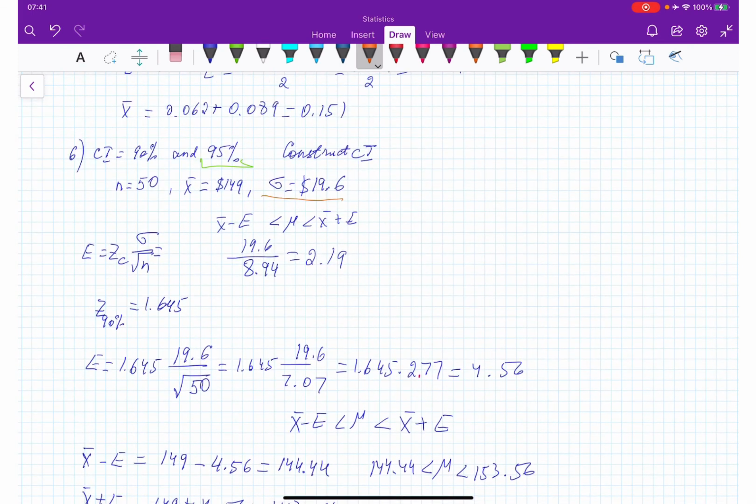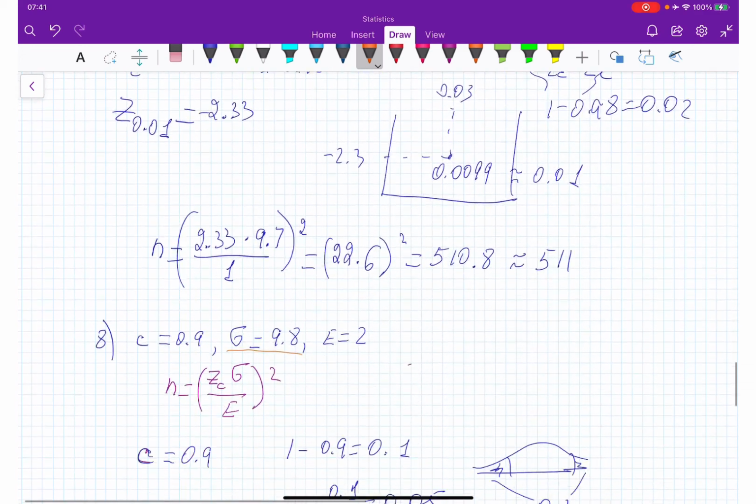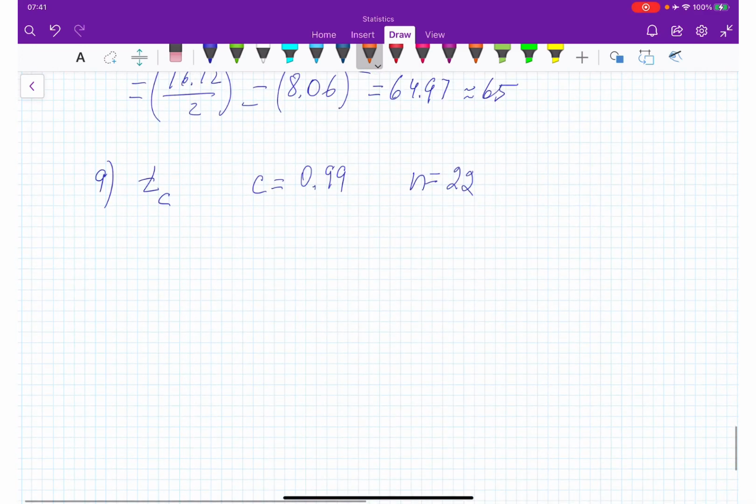But in the second case, standard deviation for the population is not given, and it doesn't matter whether n is less than 30 or not. It can be greater than 30, let's say 22. But if I had sigma given, then I would use z-score instead of t-score.